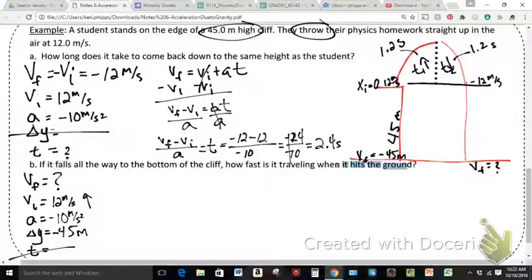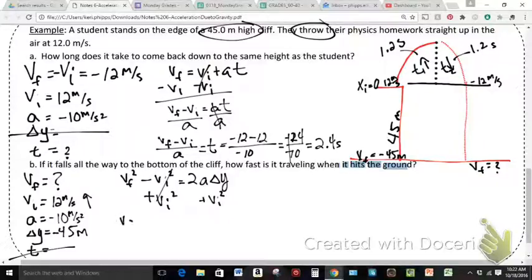So there's no time. And we are looking at what equation does not have time. That is our final velocity squared minus our initial velocity squared is equal to double our acceleration and our vertical displacement. I'm going to move that initial velocity over by adding it to both sides. That cancels.